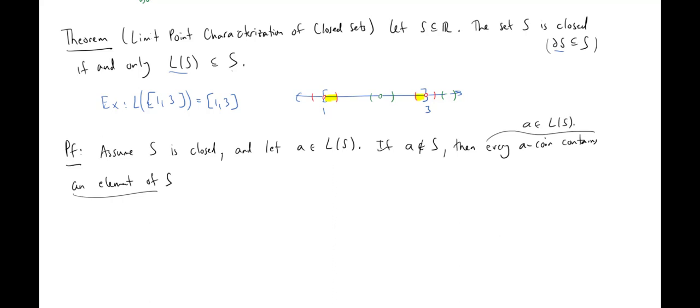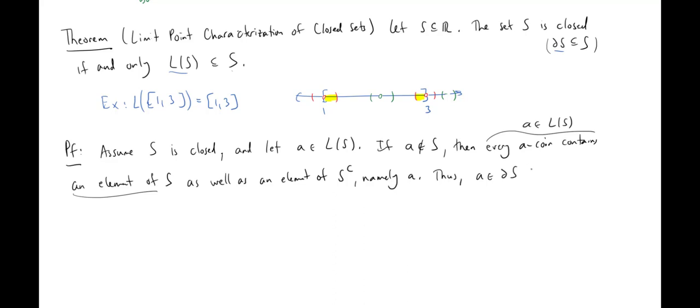That actually says even every punctured A coin contains an element of S. But if that's true, then certainly every A coin contains an element of S, as well as an element not in S, an element of the complement, namely A itself. But if every A coin contains an element of S and an element of the complement of S, that means that A is a boundary point. So thus, A is an element of the boundary of S.